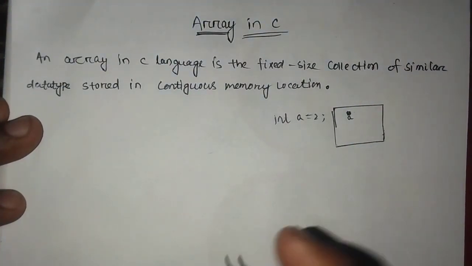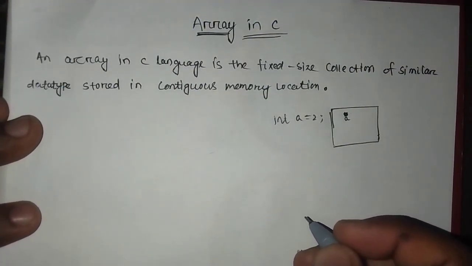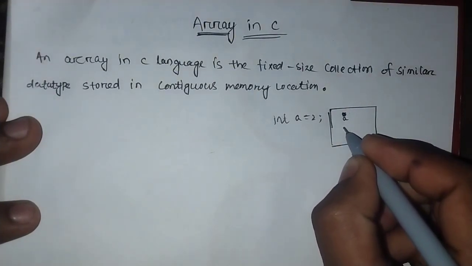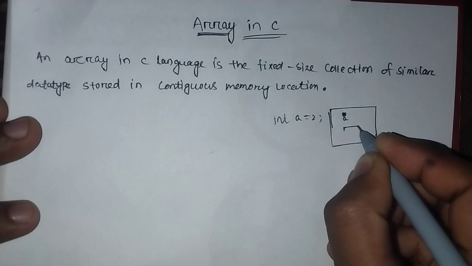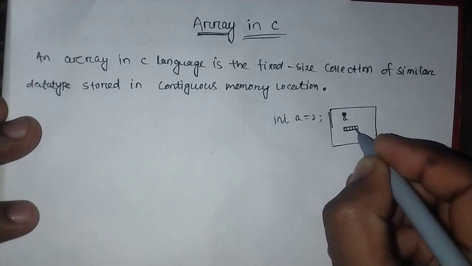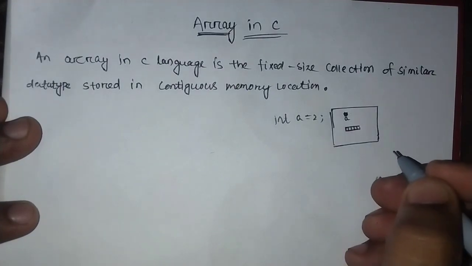But when we declare an array, it reserves a continuous memory, meaning this is the position where it will store the values continuously.